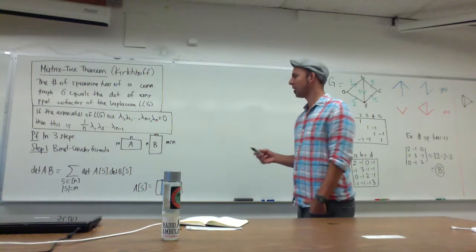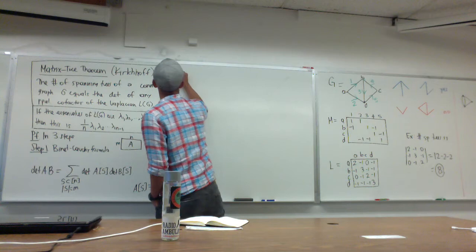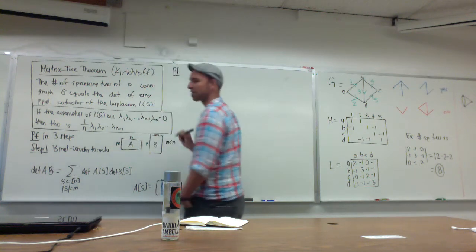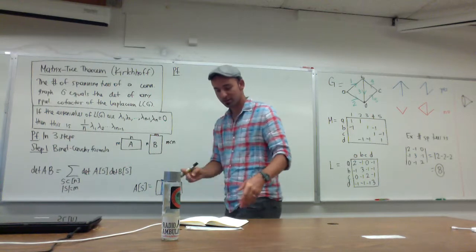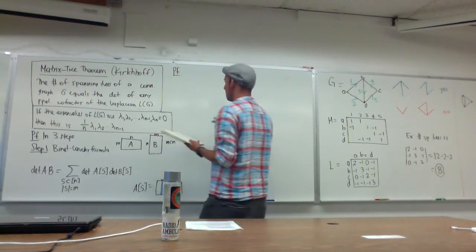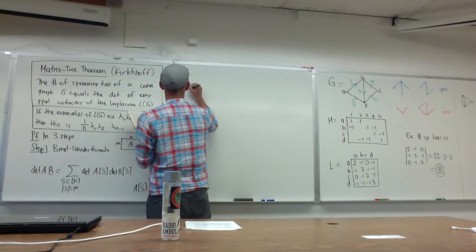Okay, so there are several proofs of this. I want to show you a proof that I like, that's kind of slick. It does the following. I'm going to consider the following matrix.